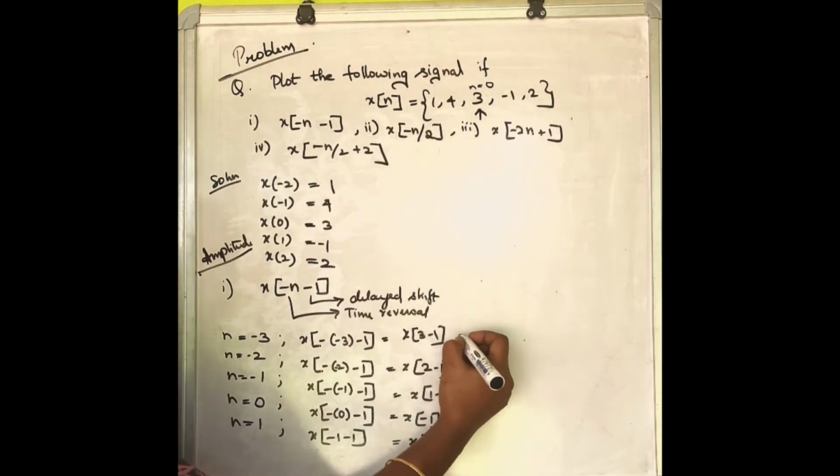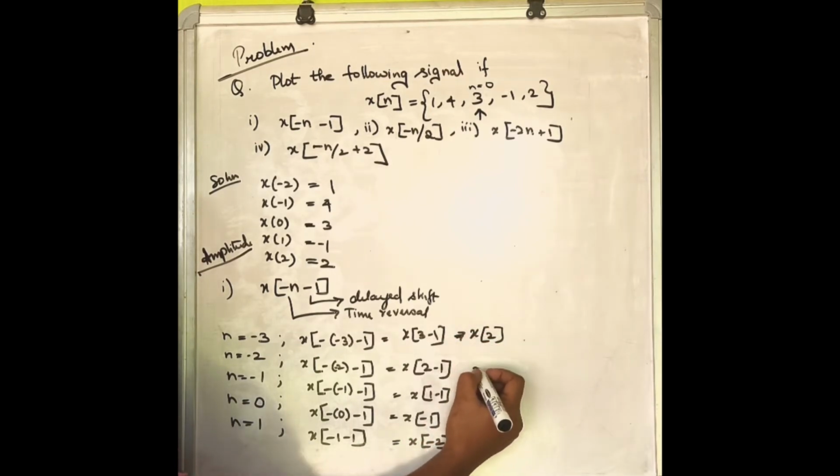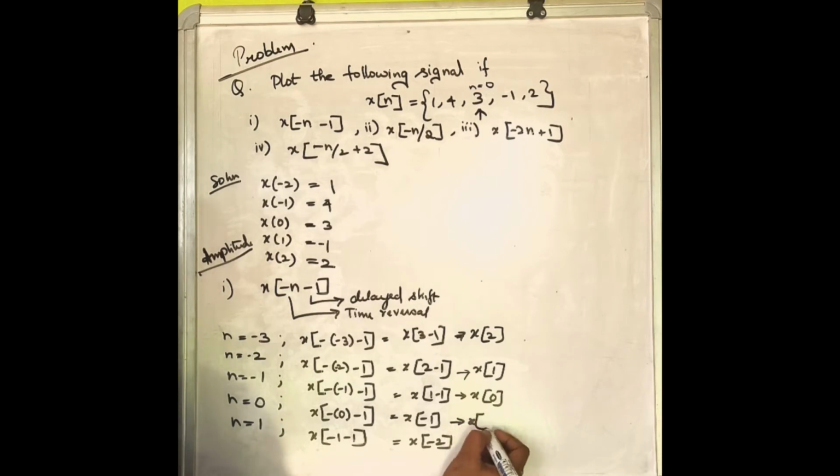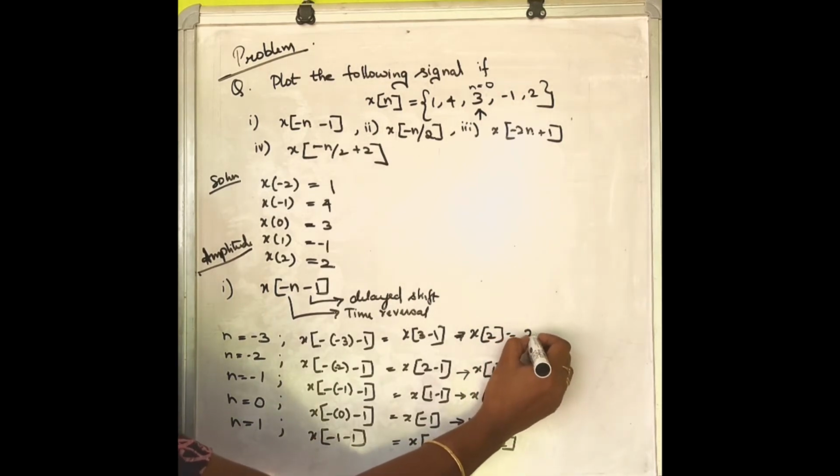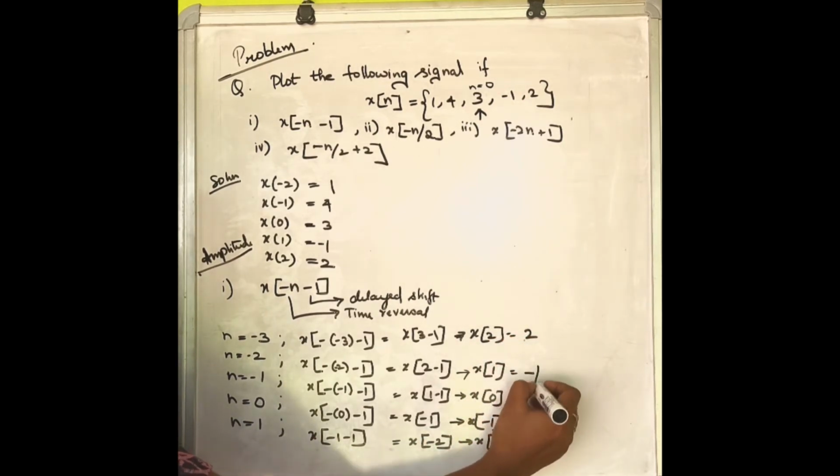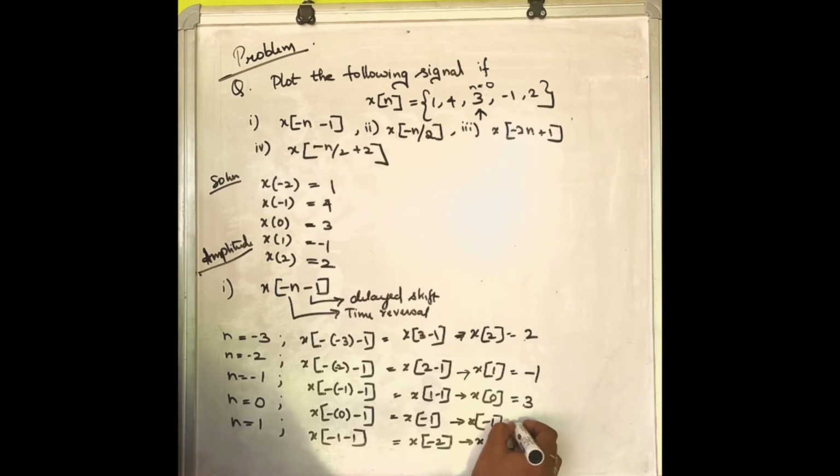Now this you can again simplify as x of 2, x of 1, x of 0, x of -1, x of -2. Now the values will be 2, -1, 3, 4 and 1.